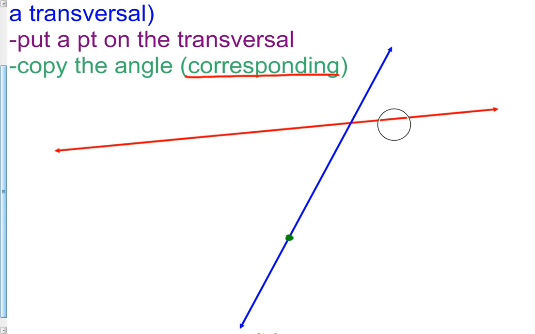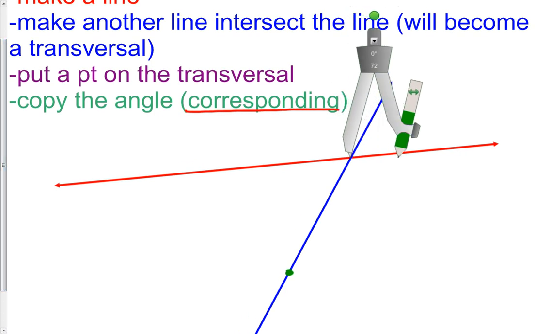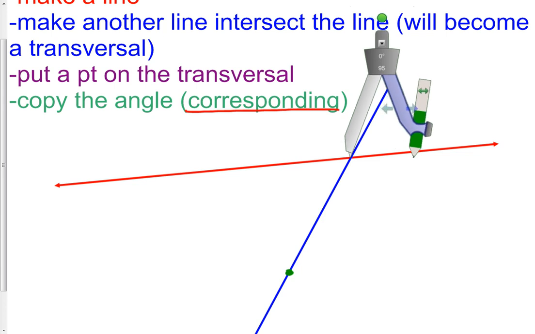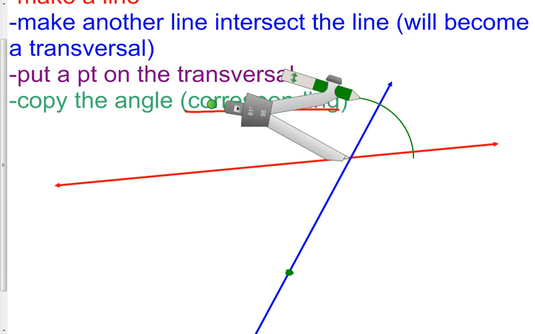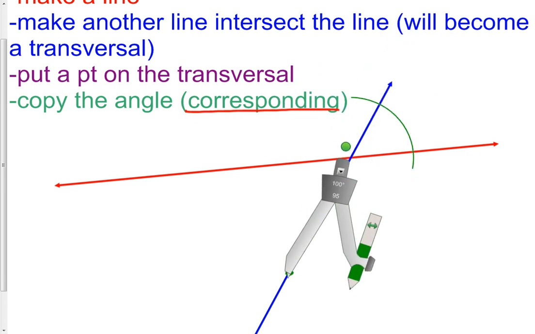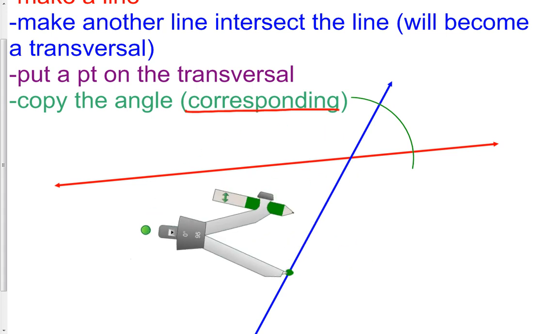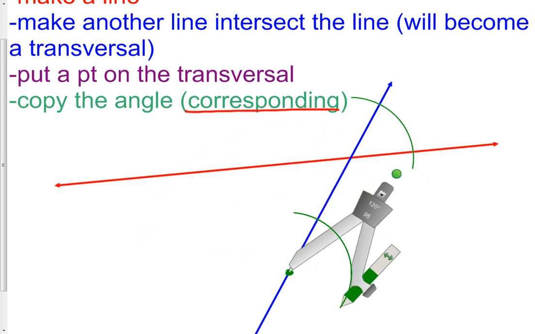So I'm going to take my compass, put the needle at the vertex, and draw an arc that intersects both the red line and the blue line. And I'm going to use this same compass setting to intersect the blue line for sure, and then I'll go down to right about there.